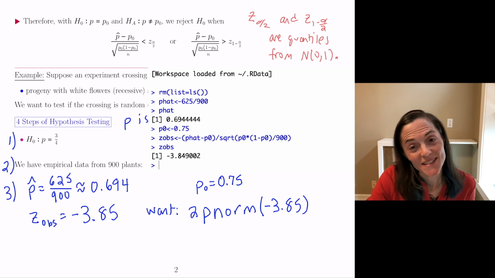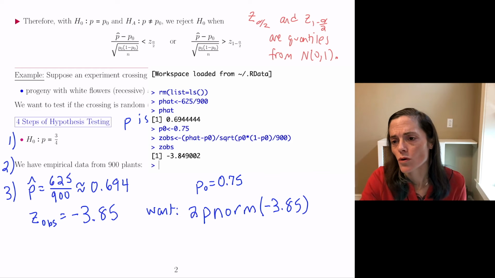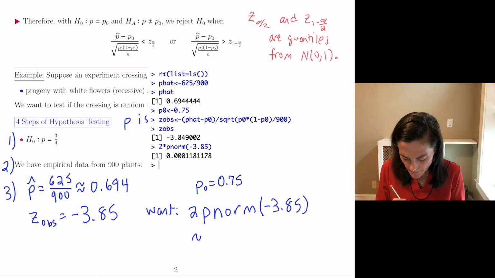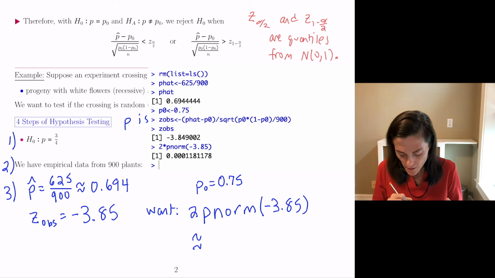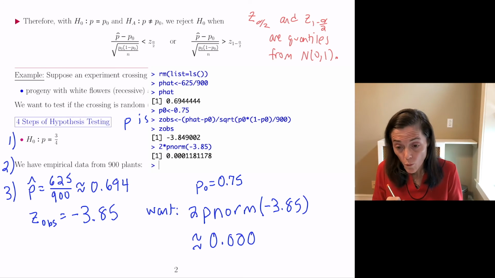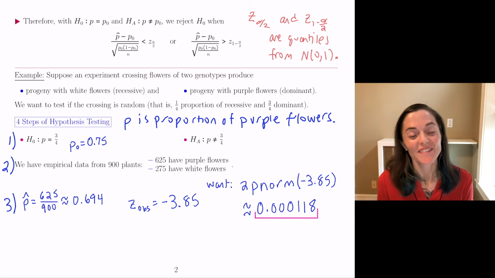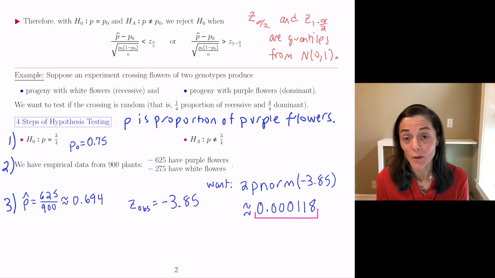We are using a two-sided test. So let's figure out what this is. This is approximately 0.000118. Okay, very nice.